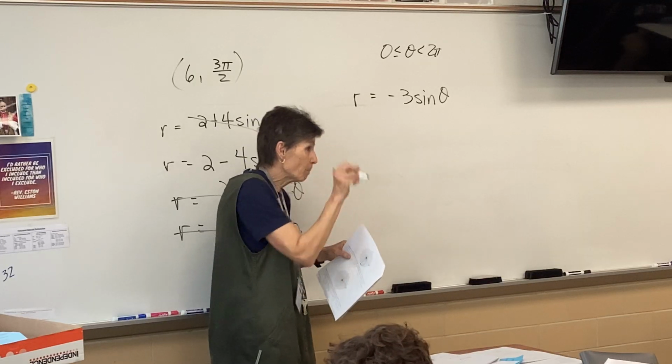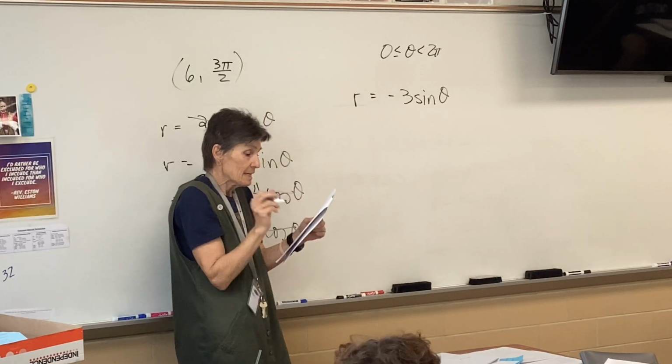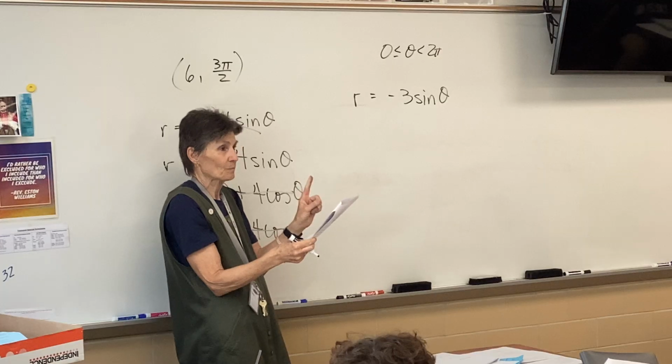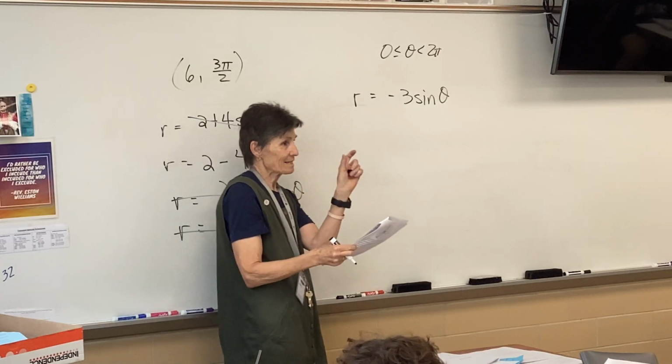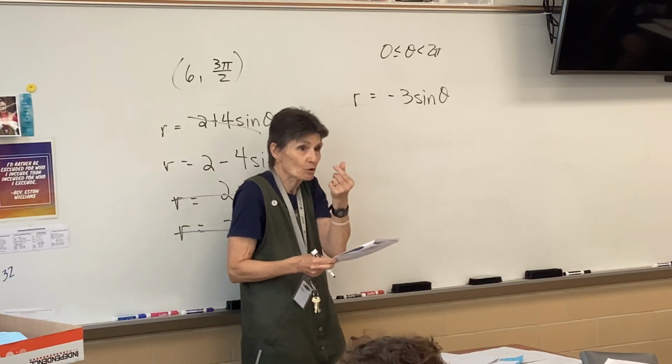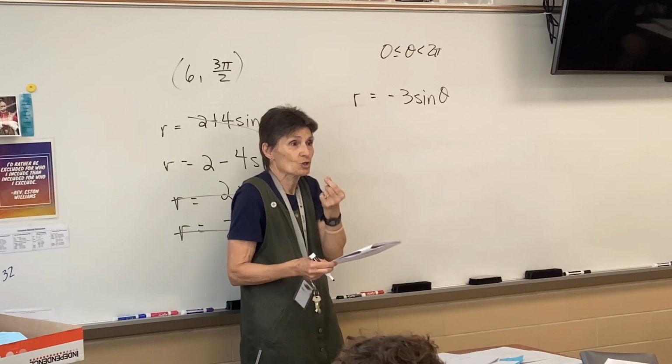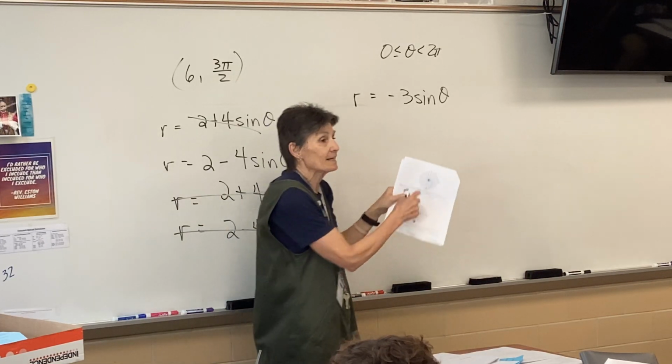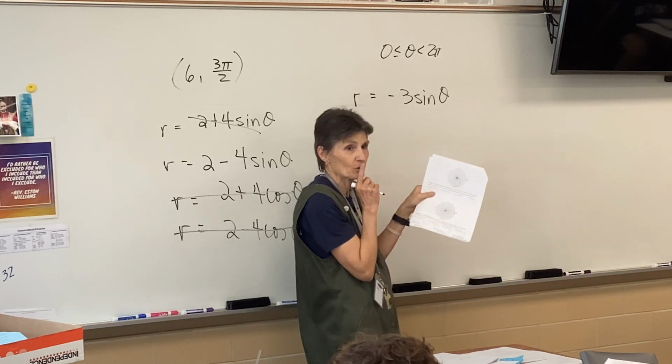That would give you the whole picture all the way around. He wants to know what section, not 0 to 2 pi, what little interval did we actually graph to get that piece of the picture?